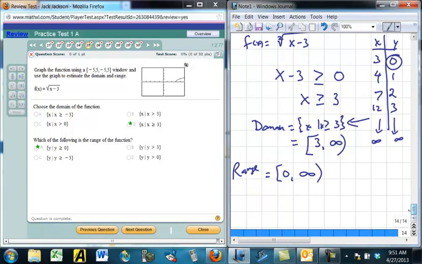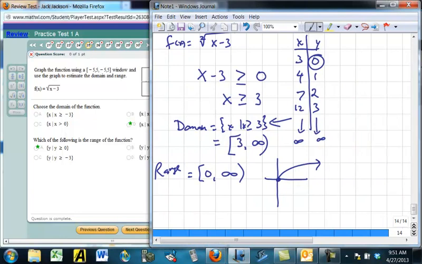It turns out that when you graph these points, you get something that looks roughly like this. I'm sorry, that's correct, but that's the wrong place. That's not the axis. This is at 3, 0. Axis is over here somewhere. And it goes up.